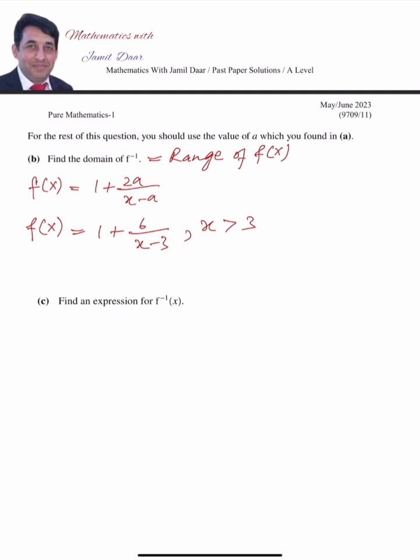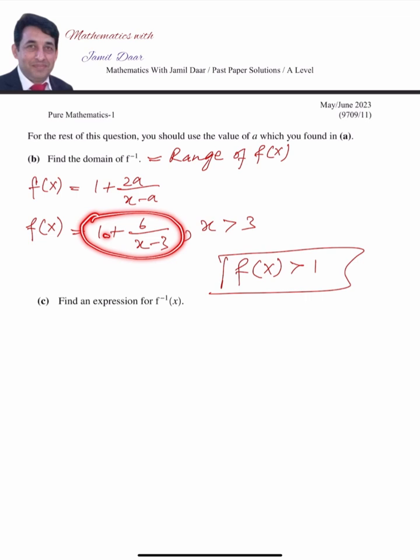So f of x would be greater than 1, not equal to 1, because something is being added to the 1. So f of x greater than 1 is the range of f of x.